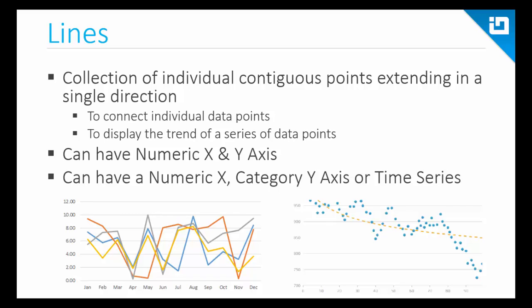In the previous slide we talked about points being connected by lines, so it's a point plot with lines. With a straight line chart, especially when you have data over time or you're trying to display trends of a series of points, you don't need to have the actual points themselves. The lines just make up the visualization that you're trying to see.